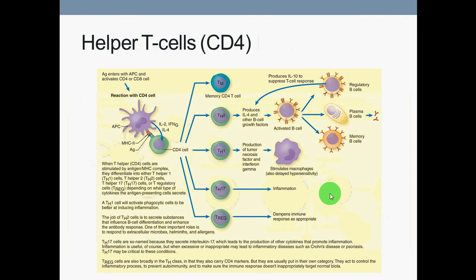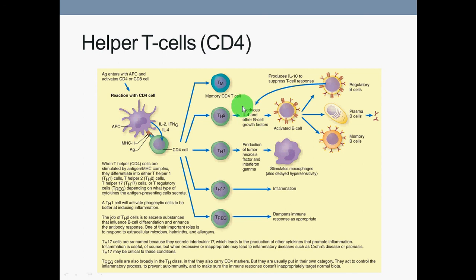Now, helper T cells, there's quite a few of them, but we're just going to focus on the basic stuff that helper T cells do, just in general. Again, your helper T cells are the ones with the CD4 receptor. They bind to MHC2 with antigen bound to it from your antigen presenting cells. When they become activated, they can differentiate again.